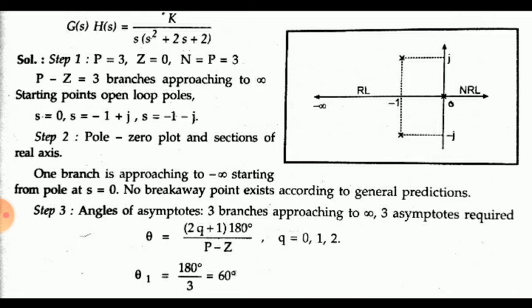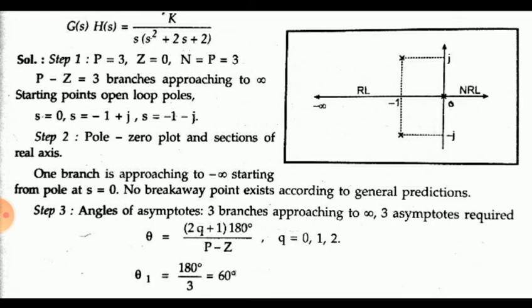So those are the open loop poles: 0, -1 plus j and -1 minus j. These values are complex conjugates, so for the last step, that is step number 9, you have to find out the angle of departure and angle of arrival if the roots are complex conjugates.